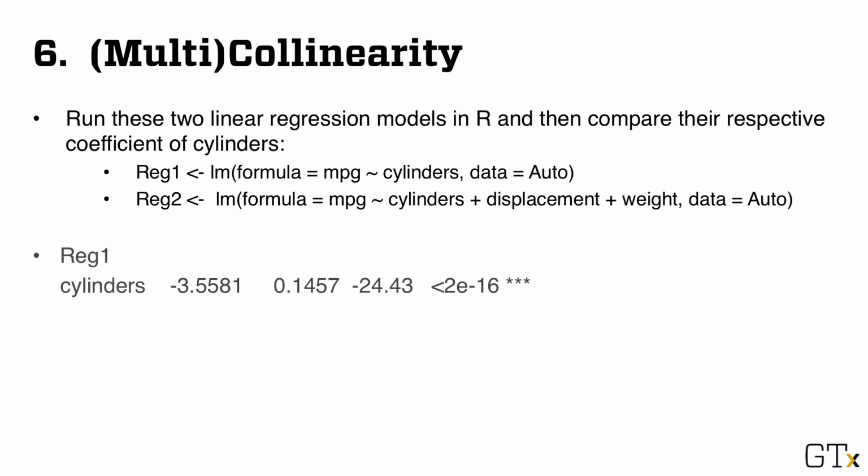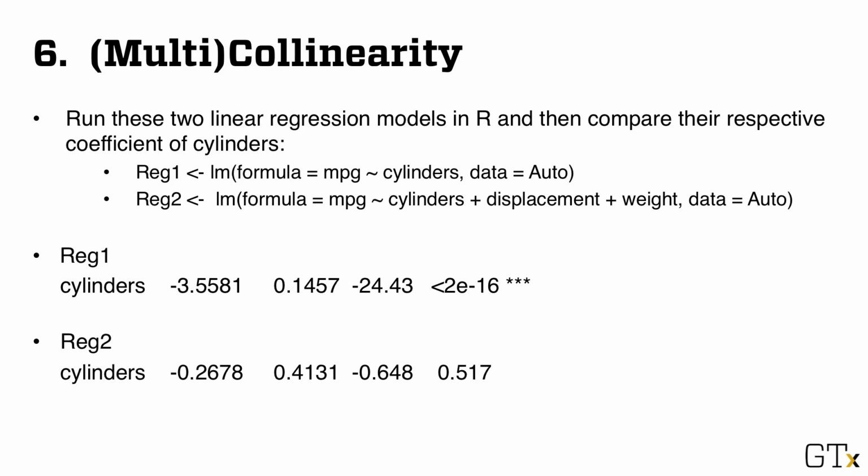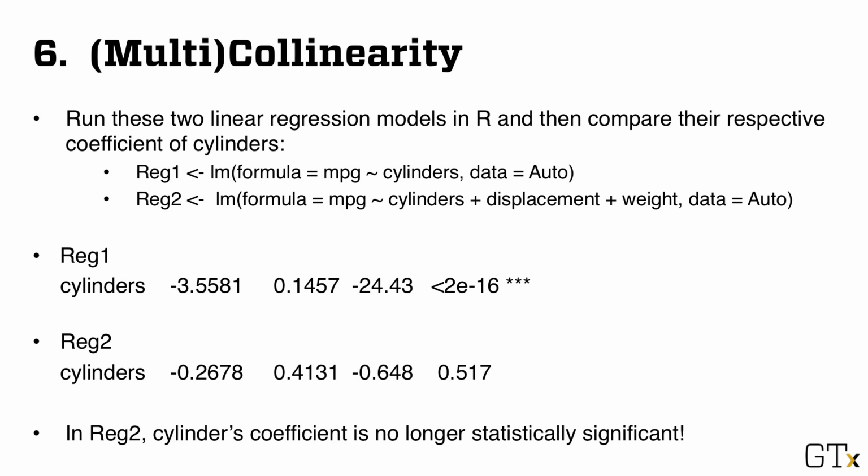If you notice, in reg 1 you will get a coefficient of cylinders of -3.558, and it is highly significant. In reg 2 the coefficient of cylinders is -0.26 and its p-value is 0.51. So, we cannot reject the null hypothesis in reg 2. So, in reg 2 cylinders' coefficient is no longer statistically significant.